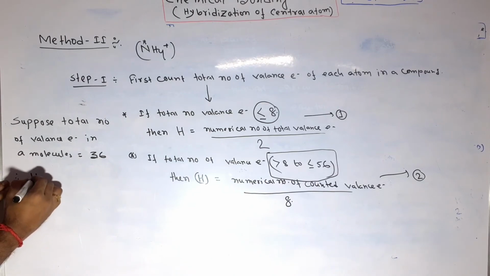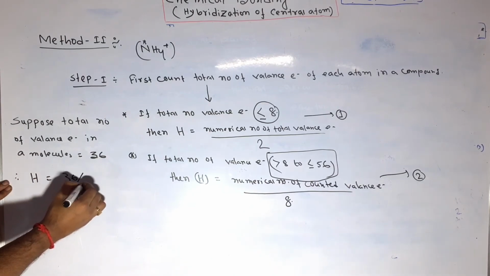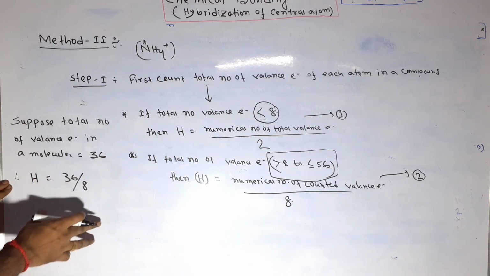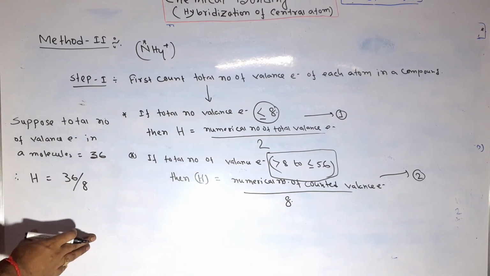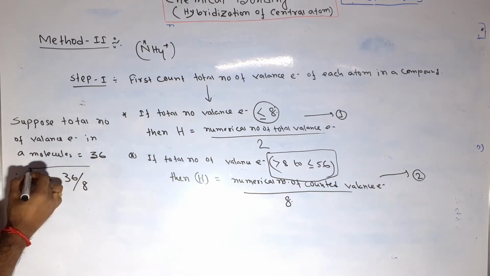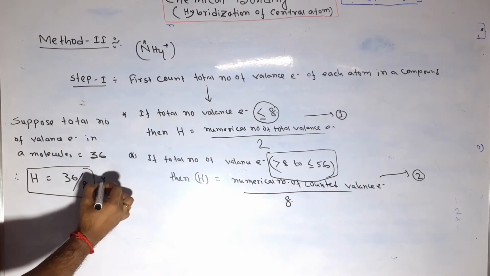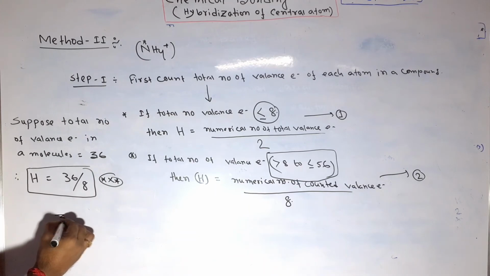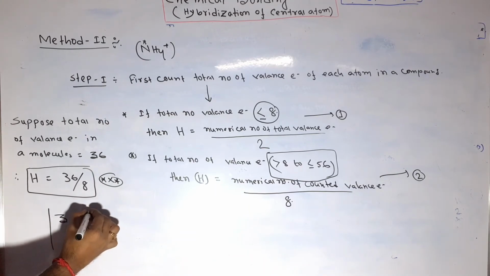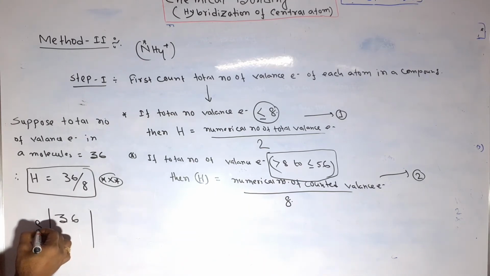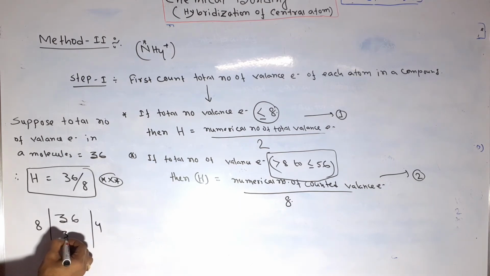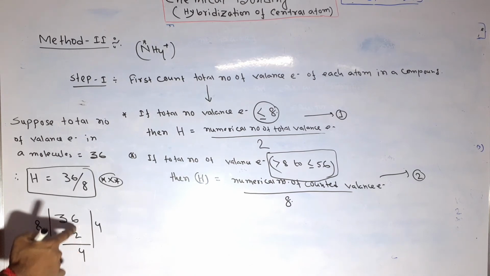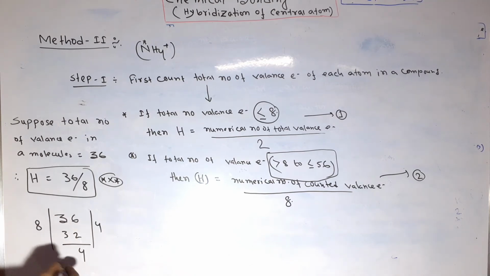So the hybridization number is 36 divided by 8. What is the dividing procedure? The dividing procedure is normal, with one special case. Divide 36 by 8 using the normal procedure of division. 8 times 4 is 32, the remaining result is 4. The remaining result is always divided by 2.